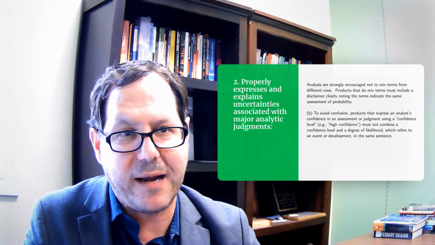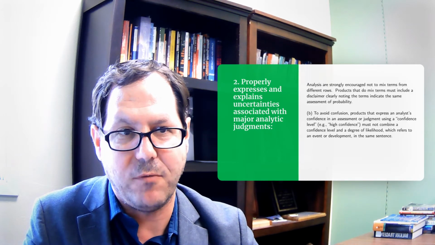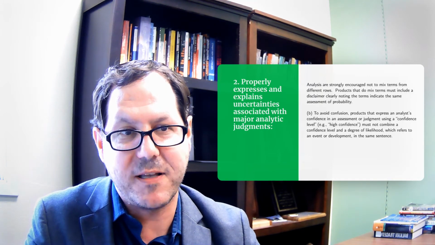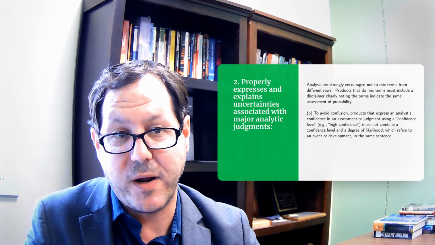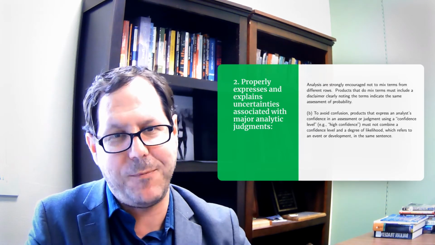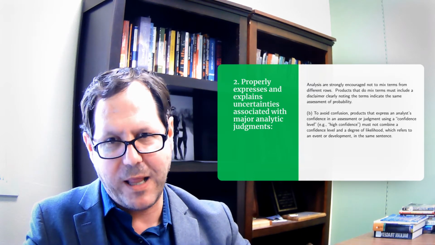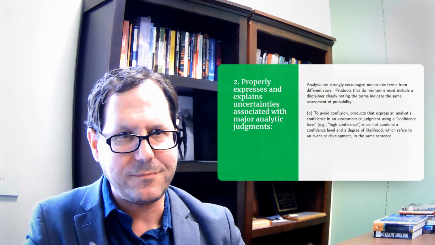Products that express an analyst's confidence in an assessment or judgment using confidence level, so I have high confidence, must not combine a confidence level and a degree of likelihood, which refers to an event or development. So I should keep those two statements, what I think is going to happen and how likely those things are, versus how confident am I in my assessment.